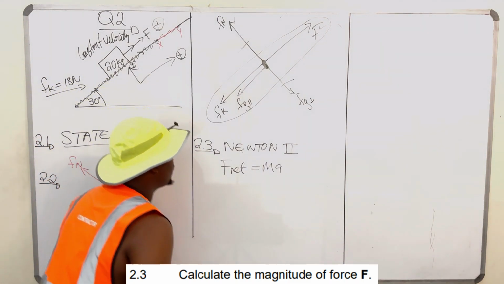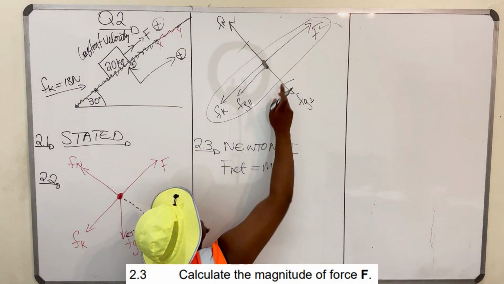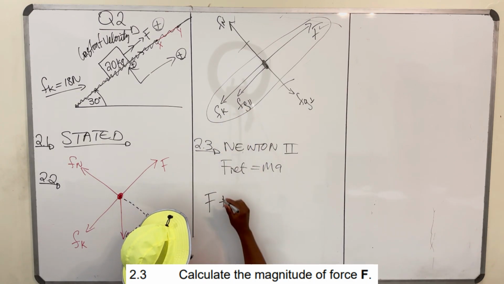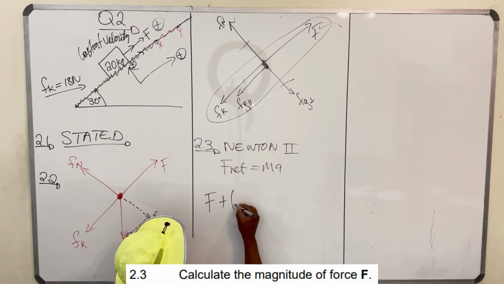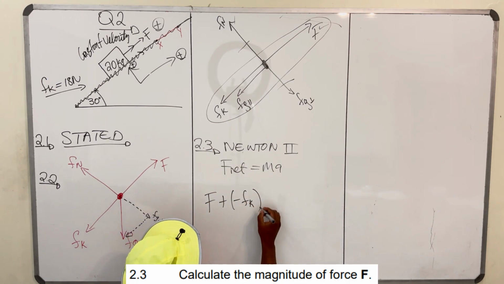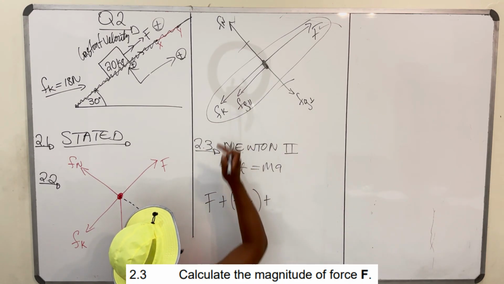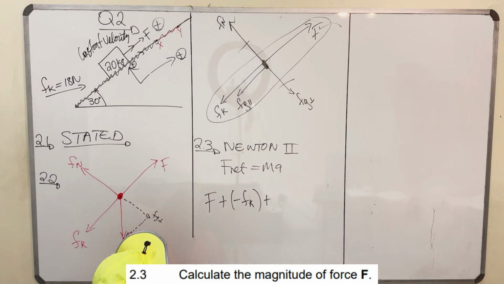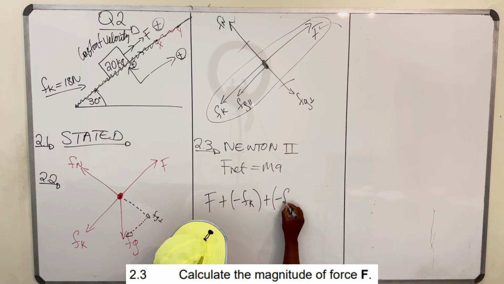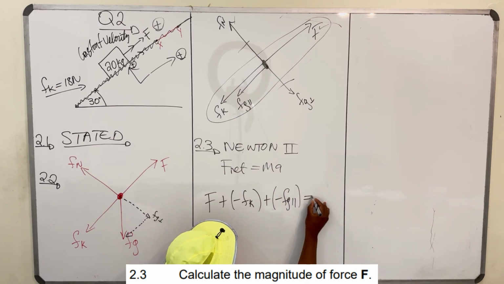So let's add our forces. Force number 1 is F, plus force number 2, which is the frictional force, but it's negative because the kinetic friction is going down the slope, plus Fg parallel, which is negative as well because it's going down the slope, is equal to ma.